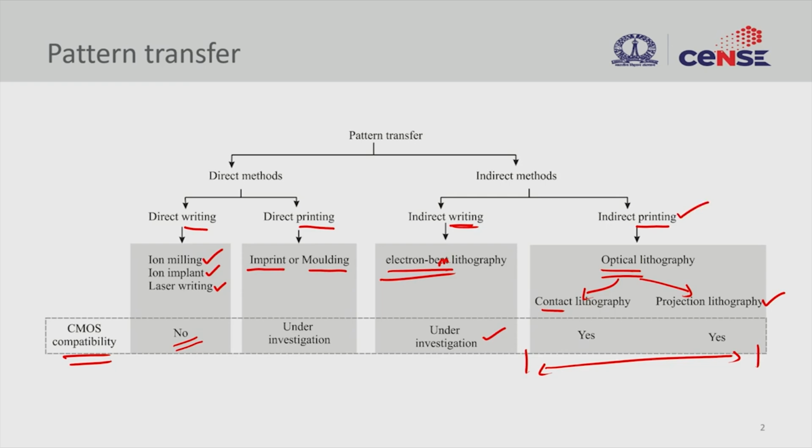While this writing process is used primarily for R&D type of work, and this is used for manufacturing. The other techniques, direct printing and these things, are also primarily used for R&D purposes, where people are exploring these techniques for various applications, not necessarily for electronics.